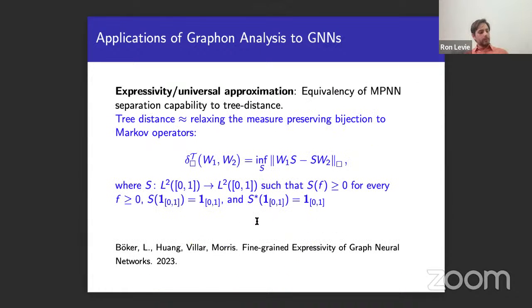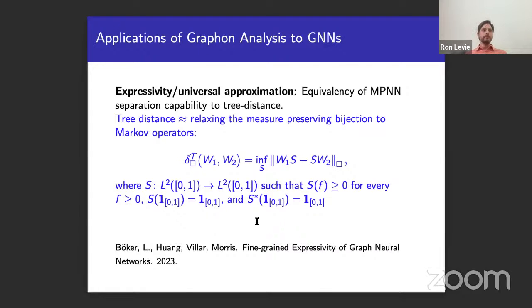Okay, so now let's talk about expressivity and universal approximation. What we did until now, we showed that if two graph signals are close to each other, then the outcome of any message passing network is also going to be close. So now we want to prove an if and only if version of this.